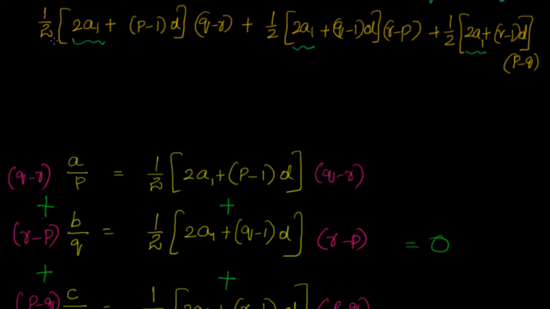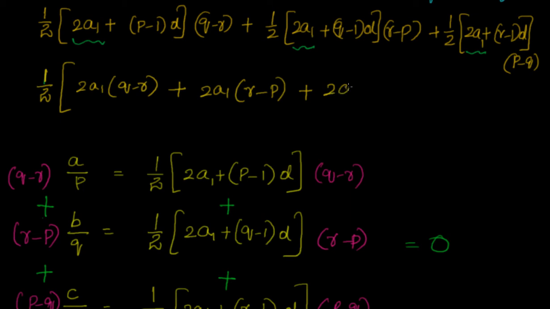So let us see. What I will do now, first I will say this is nothing but equal to half of 2a1 into q minus r plus 2a1 into r minus p plus 2a1 into p minus q.